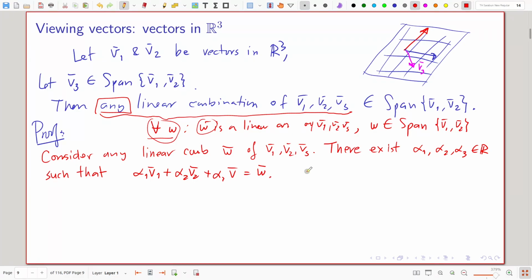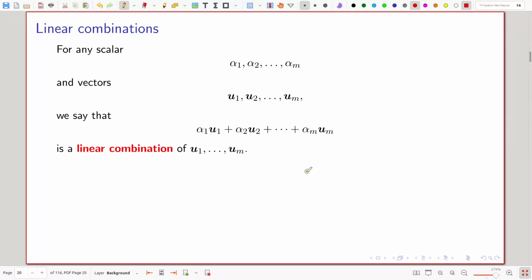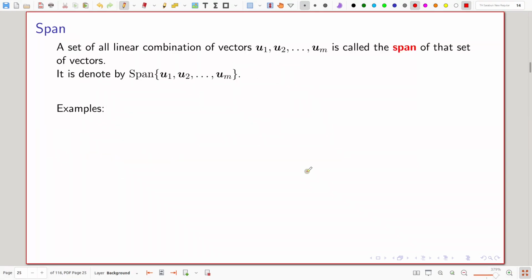Okay, then what do we want to say? We want to say that W belongs to the span of V1, V2, right? What does it mean to be in the span of V1 and V2? What's the definition of span? The span is a set of linear combinations of the vectors, right?